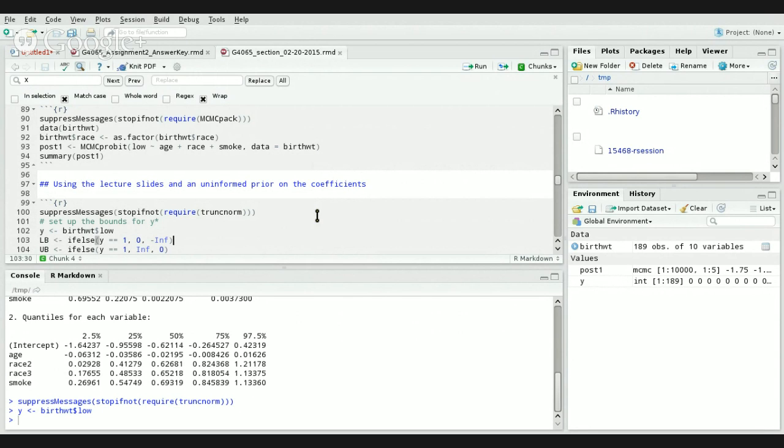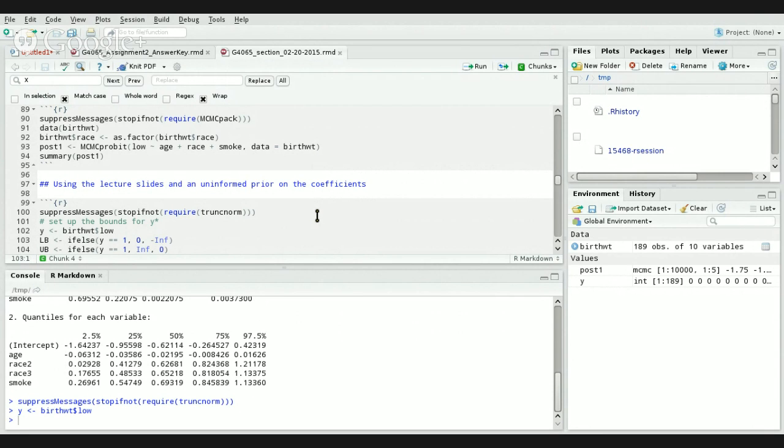Remember, as we saw yesterday, the full conditional distribution of y star is going to be a truncated normal distribution. If y is 1, we're going to truncate it from below at 0, so we get positive draws of y star. And if y is 0, we want to truncate the full conditional distribution of y star from above at 0 so that the draws are constrained to be negative.